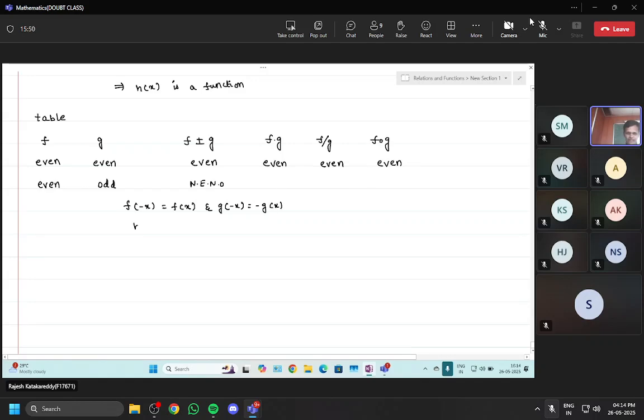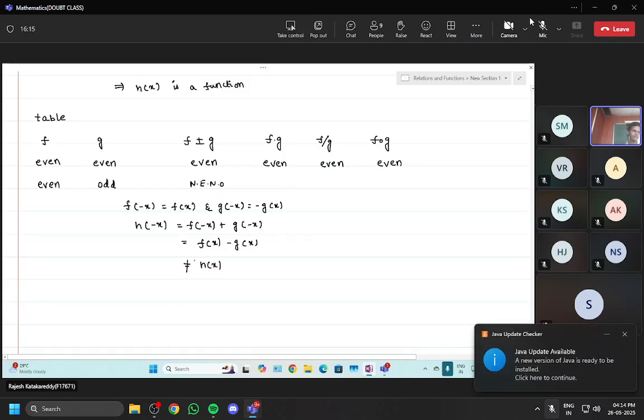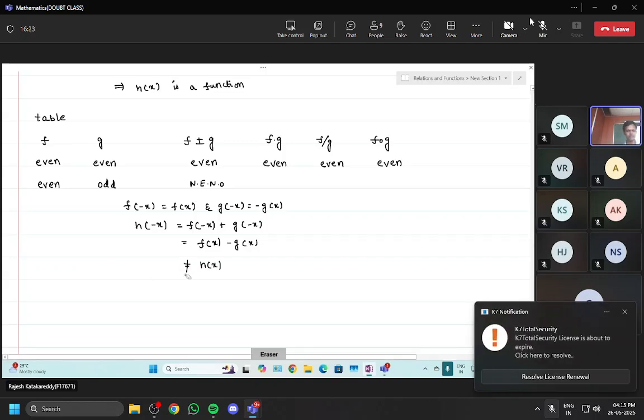Now you take the h of x, h of minus x directly we are doing. h of minus x, we will be having f of minus x plus g of minus x. Maybe addition situation you take, this is equals to f of x minus g of x. Now I am not sure whether it is equal to h of x or not. For all values of x, it may not be equals to h of x. That's why we will say it is neither even nor odd. Sum and difference won't be even or odd in this case.